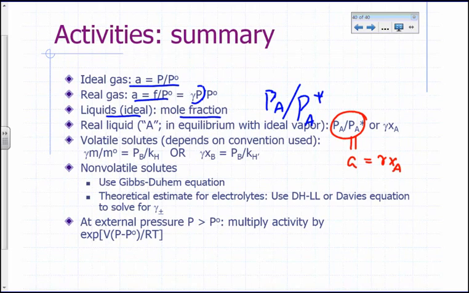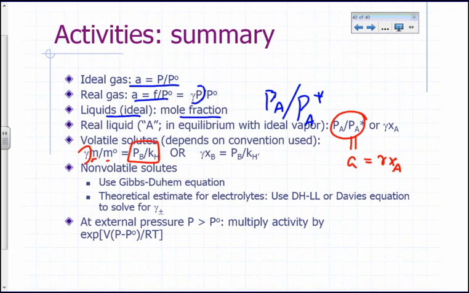If you're dealing with volatile solids, it depends on what convention you're using. You can use the molality convention. So whatever the molality is, divided by 1 molal, that would be your activity if ideal dilute; you multiply by gamma if it's not ideal. And the way you actually measure it is you look at the partial pressure of your solute in the vapor divided by the Henry's law constant.